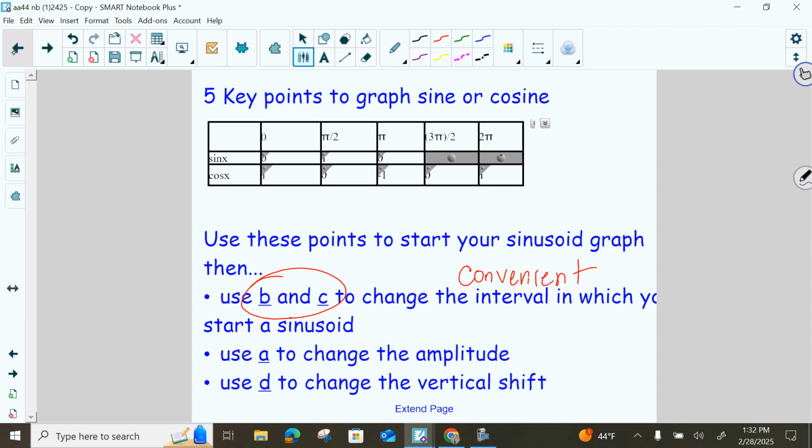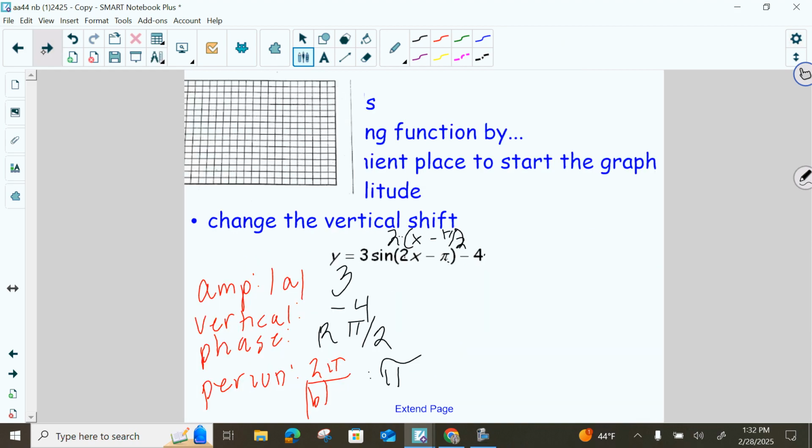Then we're going to multiply by A. This is going to look at the amplitude, and that's going to change our vertical stretch and shrink. And then we're going to look at D. So we're going to use B and C first, then A, then D. Okay? So again, if you guys get this process, it's going to make all the other ones really easy.